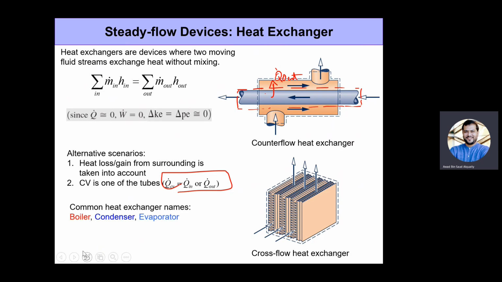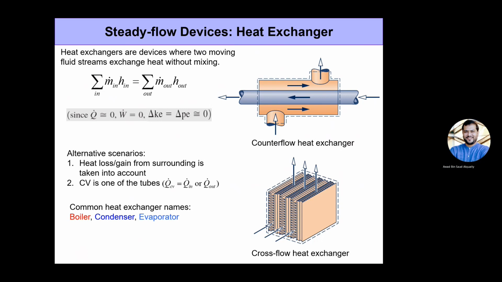Okay. Now, when we talk about heat exchangers, we normally do not call them a heat exchanger, but we have names depending on what they are supposed to do or what their role is in any given device, right? So basically, when we talk about heat exchangers, some common names given for heat exchangers are boilers, condensers, evaporators.